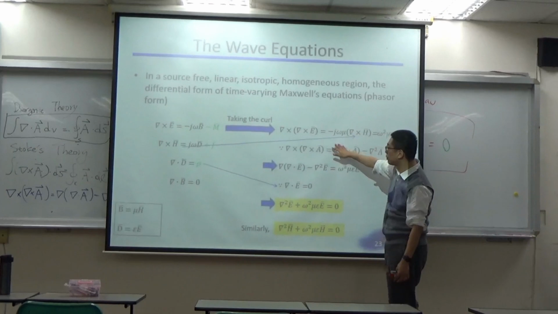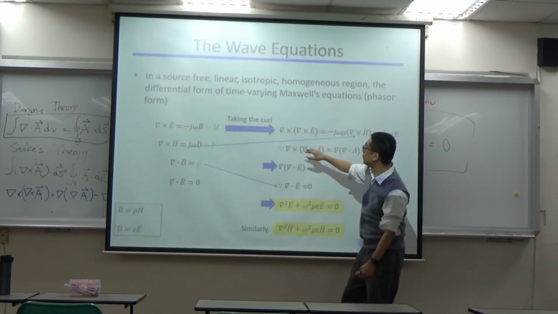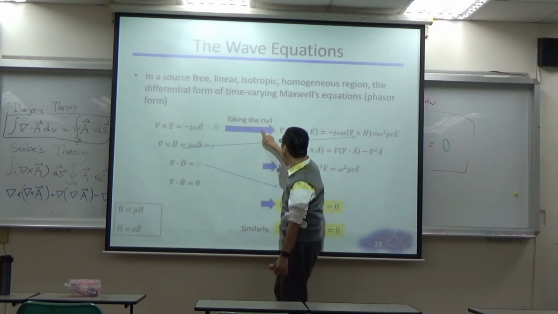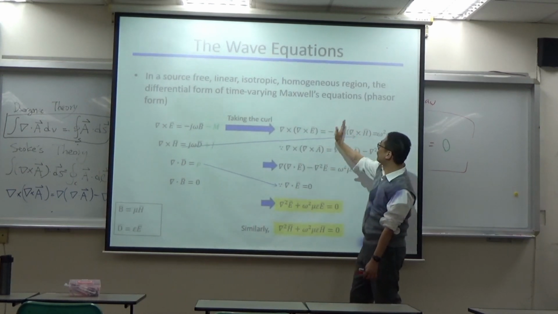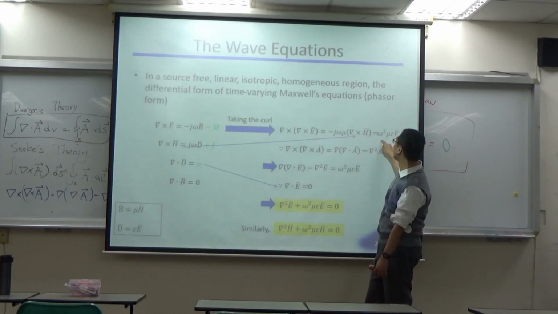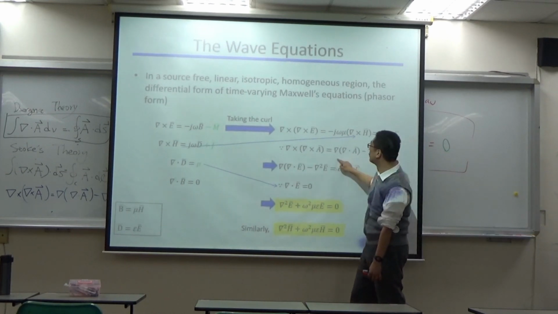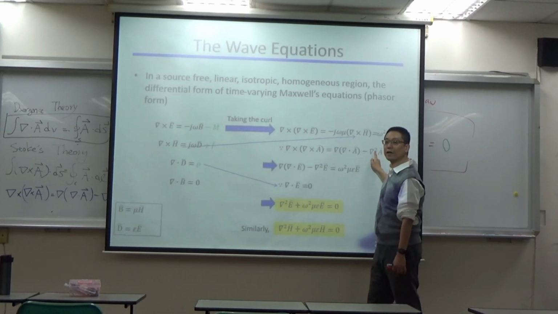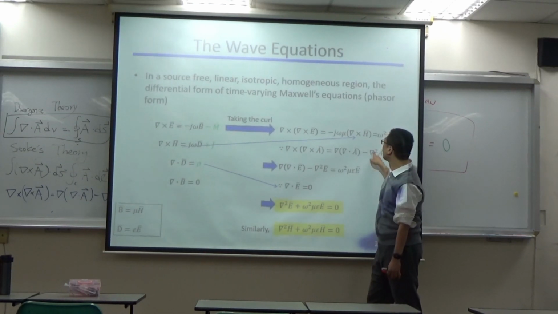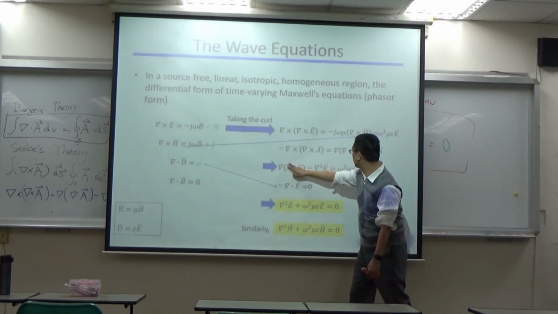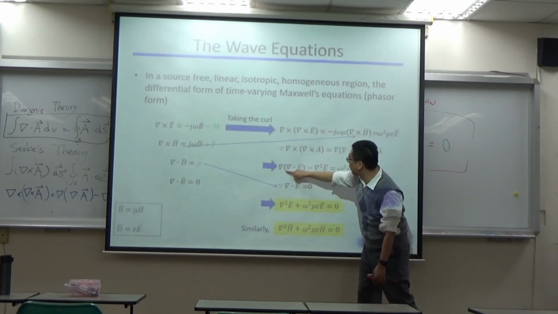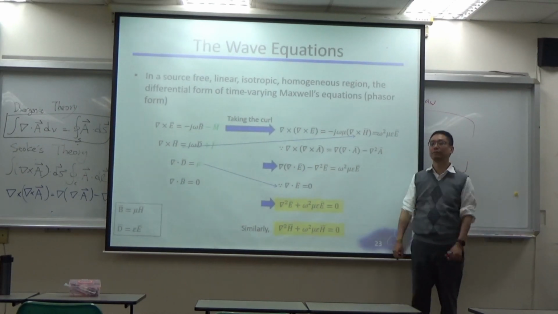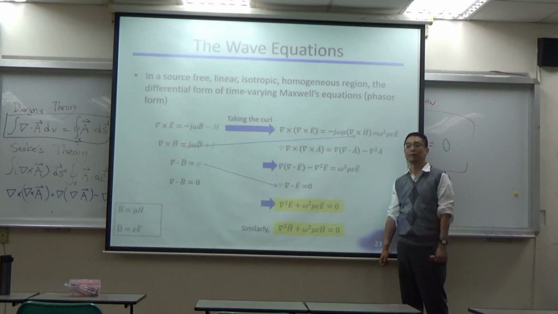I think you can read. I use the green one to mean 0, 0, 0, right? You take a curl again on the left side and the right side, you get omega squared, and then you use the vector identity. This is the vector identity you apply. You change that to this one, and this part is 0. So you obtain these two equations. Okay. Wave equation.